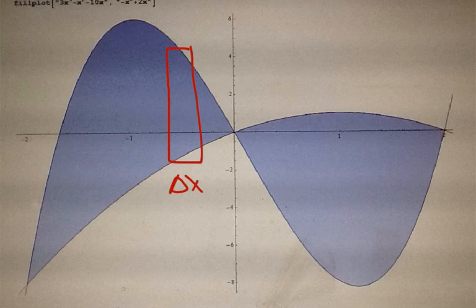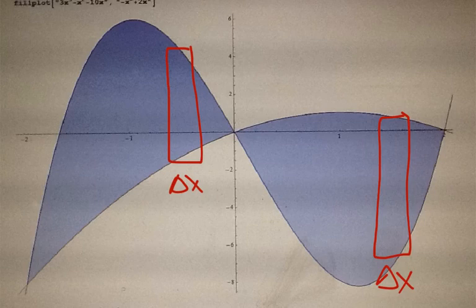If I move over to this region over here and draw a rectangle, as you need to practice doing, top minus bottom is now the parabola, or the quadratic, minus the cubic. And so the order of the subtraction has changed for the different subintervals, and so we need to write two different definite integrals to represent this area bounded between these two curves.